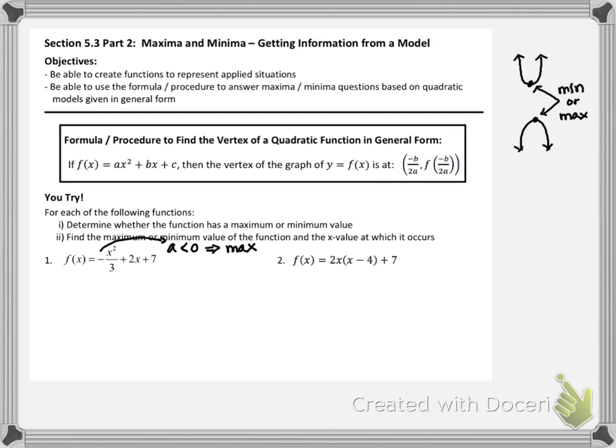So to find the x value of our vertex, we have x equals the opposite of b, so negative 2, over 2 times, in this case, x squared over 3 is the same as multiplying x squared by 1/3. So our a is really negative 1/3.